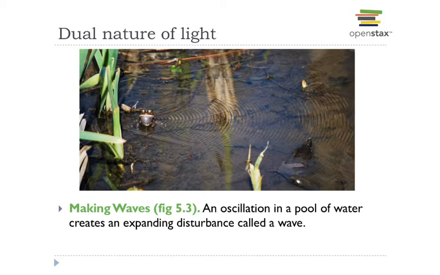Water behaves like waves in these ripples, or going to the ocean, you see large sets of waves that come at you. But you could take it apart and look at water as individual droplets. Light has that same characteristic, where we could look at it as little droplets, which are called photons, or we could look at it collectively as waves.